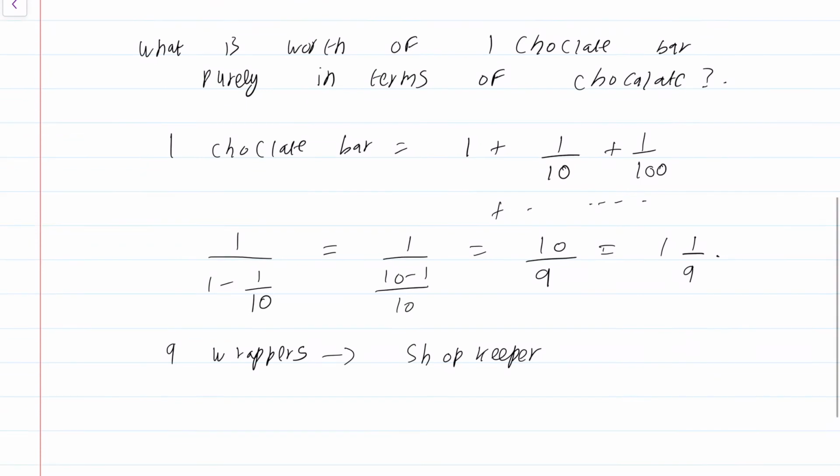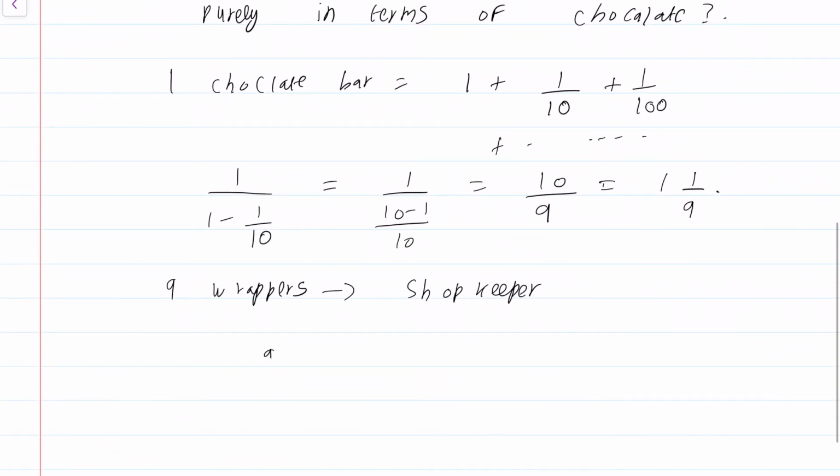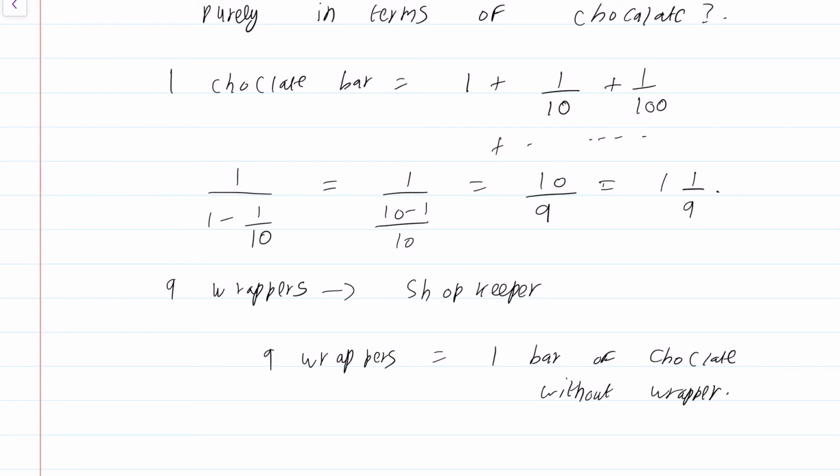So what do we get? We get that 9 wrappers is in fact equal to 1 bar of chocolate without the wrapper, because you return the wrapper to the shopkeeper. So in terms of pure chocolate bar, pure chocolate, not the wrapper, 9 wrappers is 1 bar.